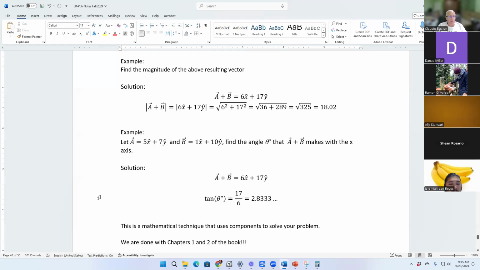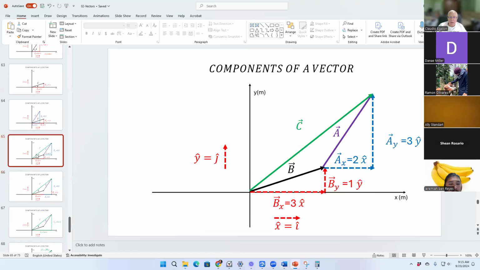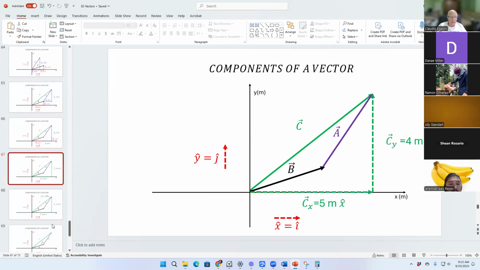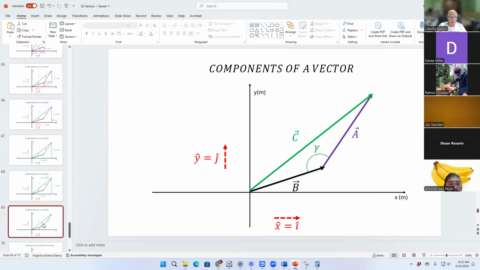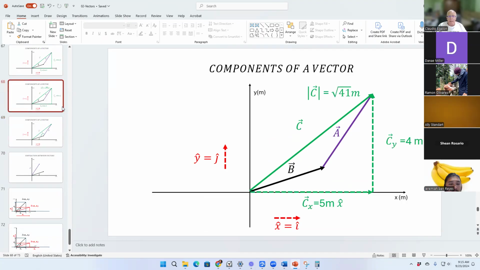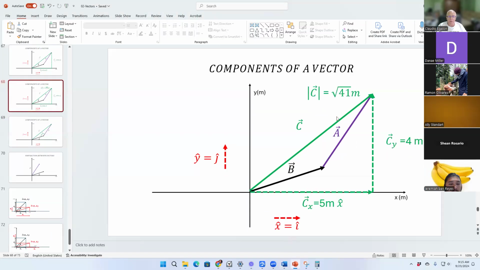And then you have others too. I'm asking the angle now. Let's look at the 5x, 7y. I don't have 5x, 7y here, unfortunately. But if you want to find the angle the vector makes with the x-axis, just look at the resulting vector right here.